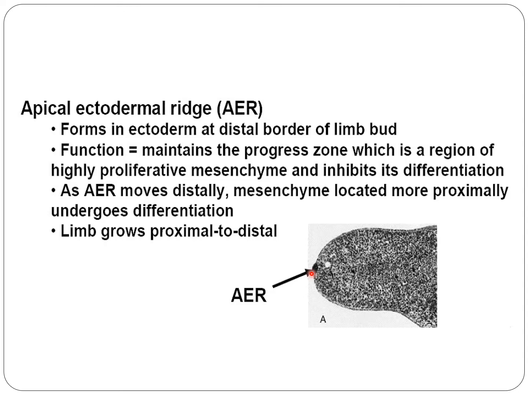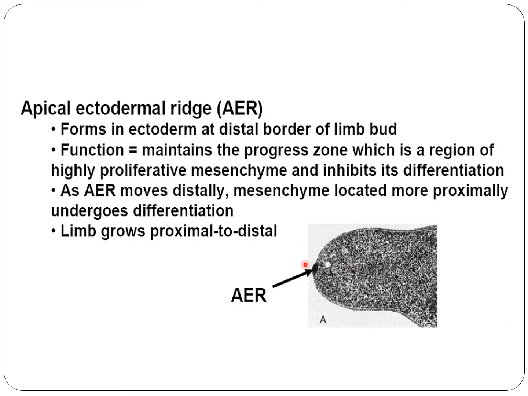Its main function is to maintain a progress zone, which is the region of highly proliferative mesenchyme, and it inhibits its differentiation. What is the progress zone? The region of highly proliferative mesenchymal cells that inhibits their differentiation.